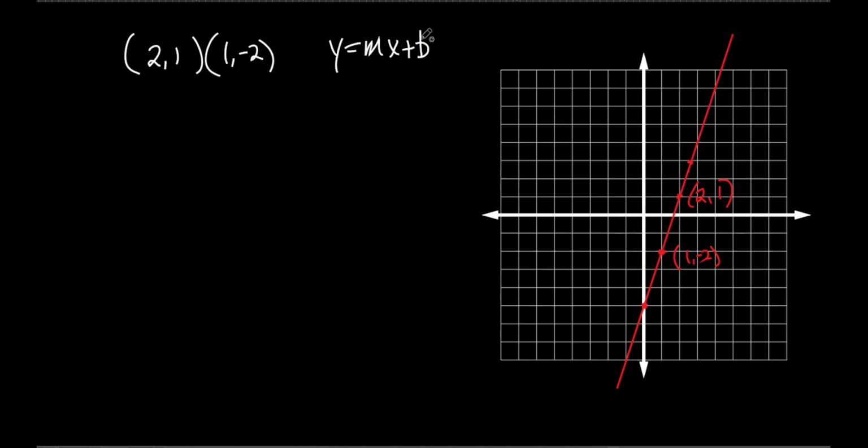Oh, they add a little bit more, though. They say, find the slope-intercept form of the equation of a line that passes through 3, 1 and is perpendicular to this red line right there. All right? So it passes through 3, 1 and is what?